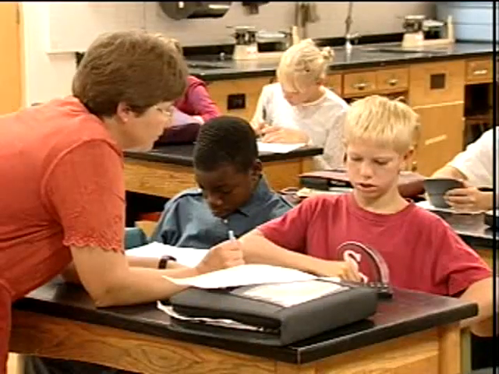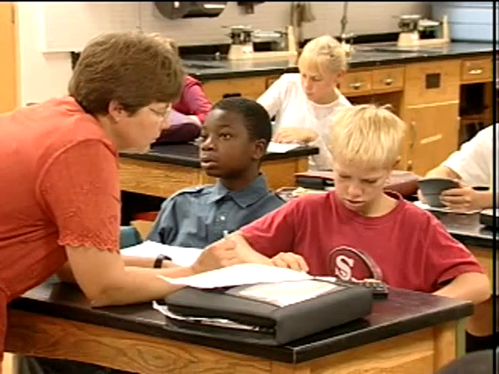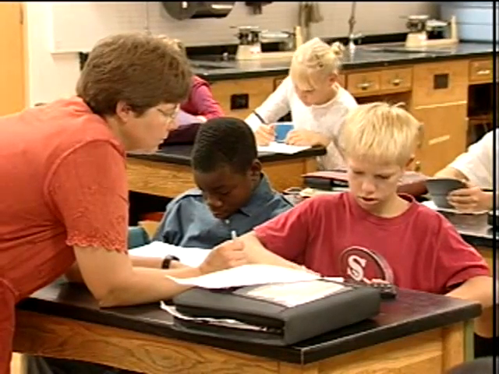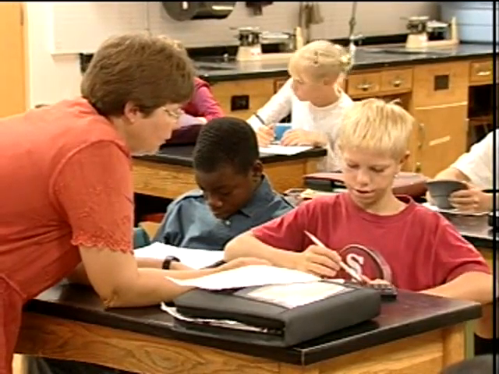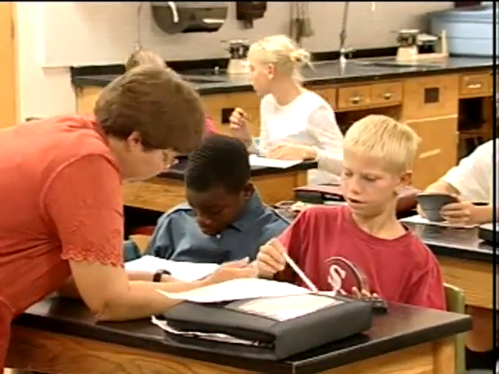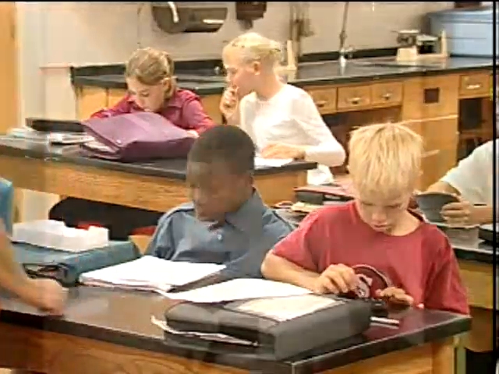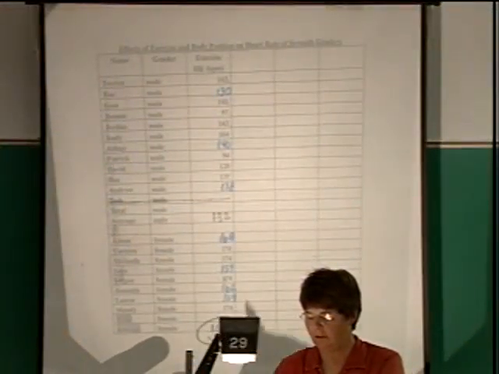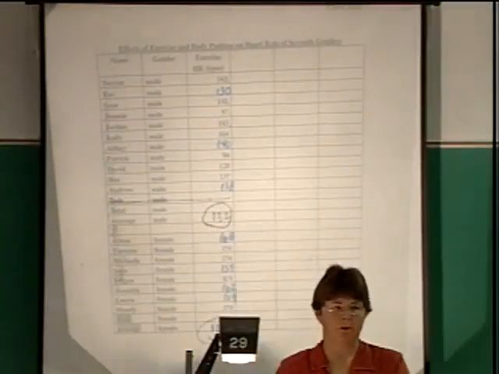Okay, you added up these, right? How many total males do you have? 11. Okay, so to find the average rate, divide by 11. There is a difference between the average heart rate for the males and females in the class.